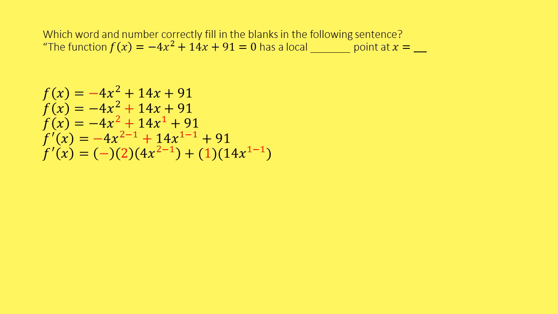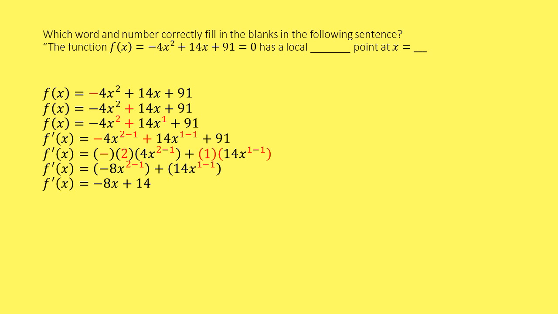Likewise, we multiply 14, the x coefficient, by the power, which was 1, and then we minus 1 from the power. We end up with the differentiated equation equal to minus 8x to the power of 2 minus 1 plus 14x to the power of 1 minus 1. When we simplify this, we end up with minus 8x plus 14.